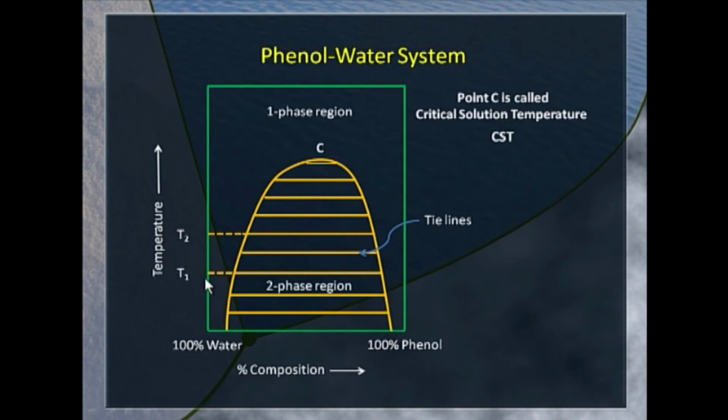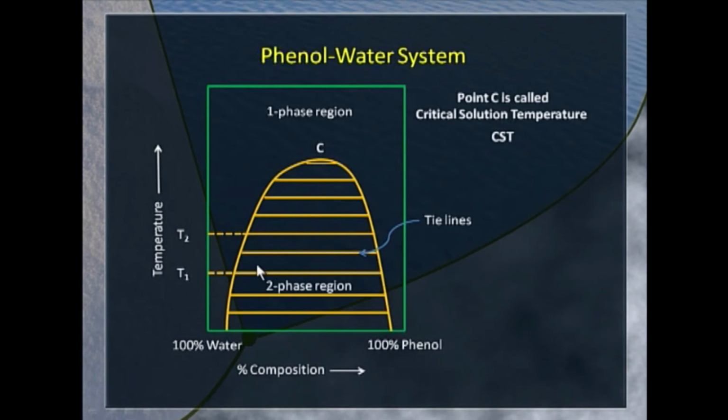A very simple, you have a dome shaped region in which the system breaks into two phases, and outside this there is complete miscibility. Phenol and water are partially miscible. Therefore, if we take water at any temperature, say T1, and add phenol slowly with stirring, phenol dissolves initially, but when the solubility limit is reached, here on the dome shaped curve here, the system splits into two phases, one with this composition, the other with this composition.